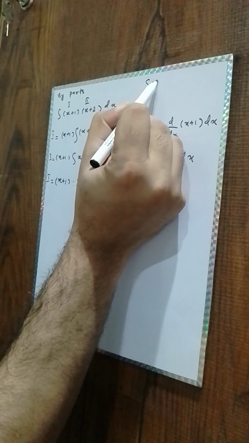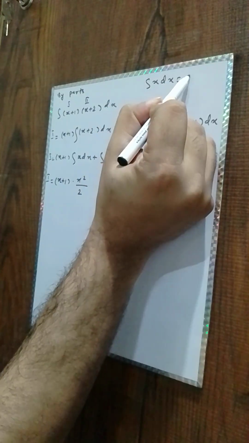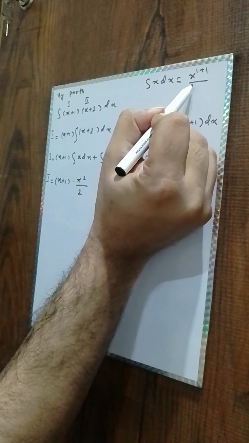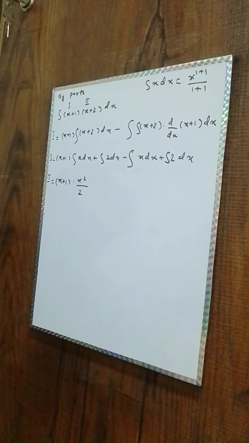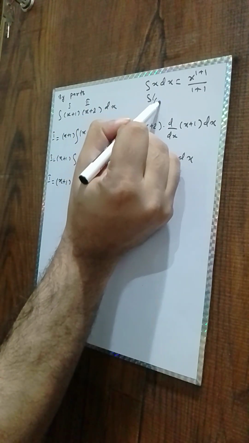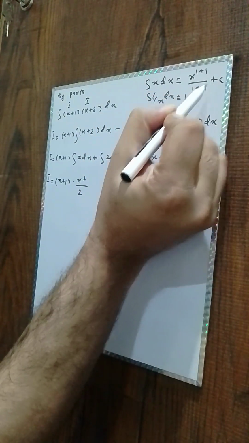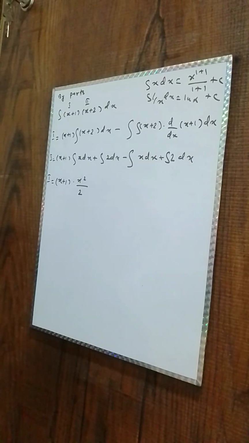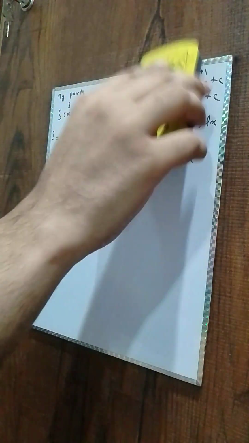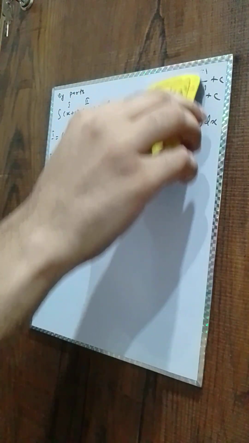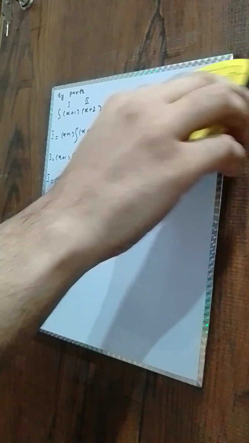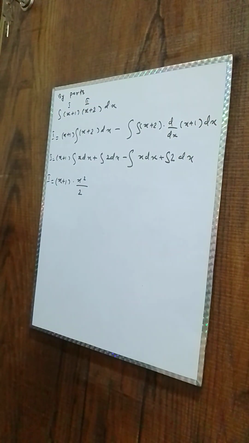For example, the integration of x would be x to the power 1 plus 1 by 1 plus 1, and the integration of 1 by x would be natural log of x plus constant of integration. These are just the basics revised, and now we get back to the problem.